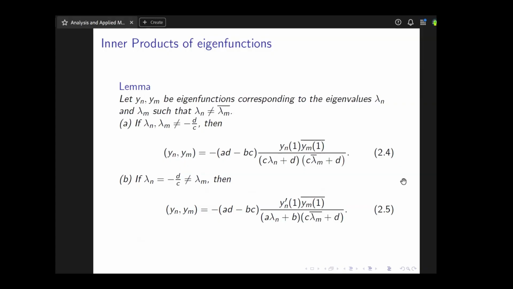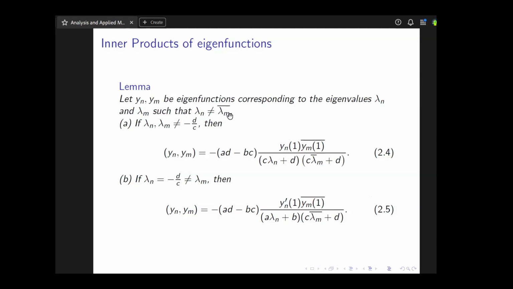In contrast to the previous papers, my papers and other authors' papers, the case that we consider is harder because there are always at least two cases. For example, in this lemma, we have two cases: when lambda is different from minus d over c, and when one of them is equal to minus d over c.